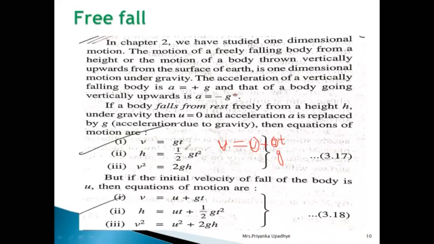Okay, so the second one we have is s is equal to ut plus half at square.